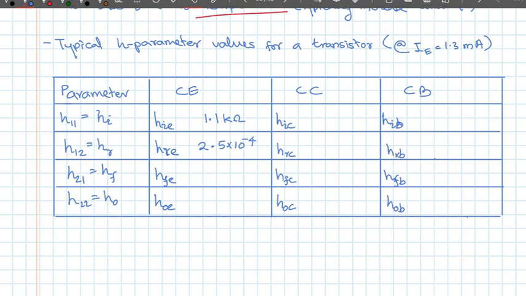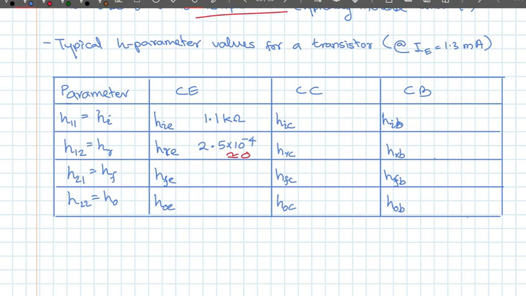If VCE changes by 10 volts, the voltage that is felt in the base side is 2.5 millivolts, right? Very small. The effect is negligible. So often we neglect this and approximate it to 0.